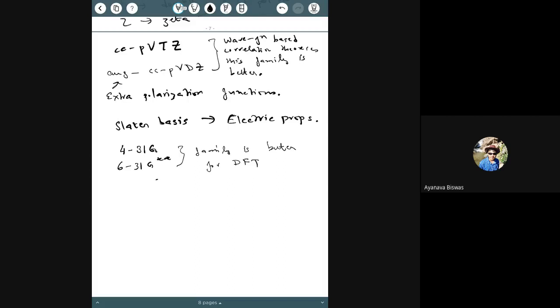Wait, I wanted to give you a little classwork. Now I've forgotten the number of the exercise. 1 minute. It involved showing the property of the Gaussian orbitals, the fact that the product of two Gaussians is another Gaussian centered at a different point.